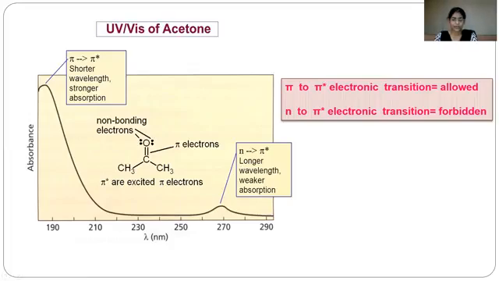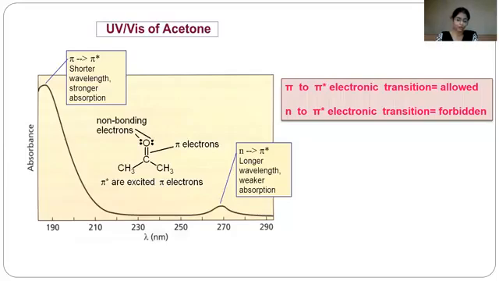Out of these, sigma to sigma and pi to pi antibonding electronic transitions are allowed, and n to pi electronic transitions are forbidden. That means the probability of the transition from a non-bonding electron to a pi antibonding orbital is less. These are the two main transitions generally studied in the UV range.